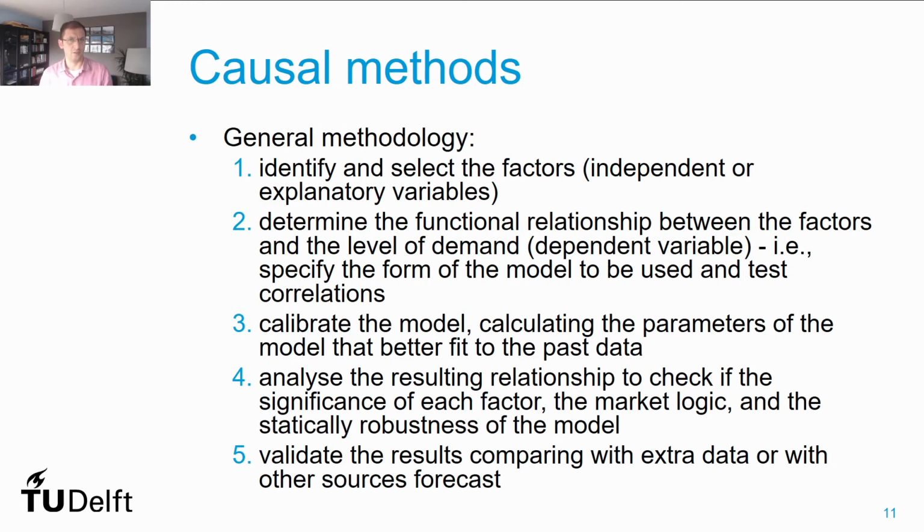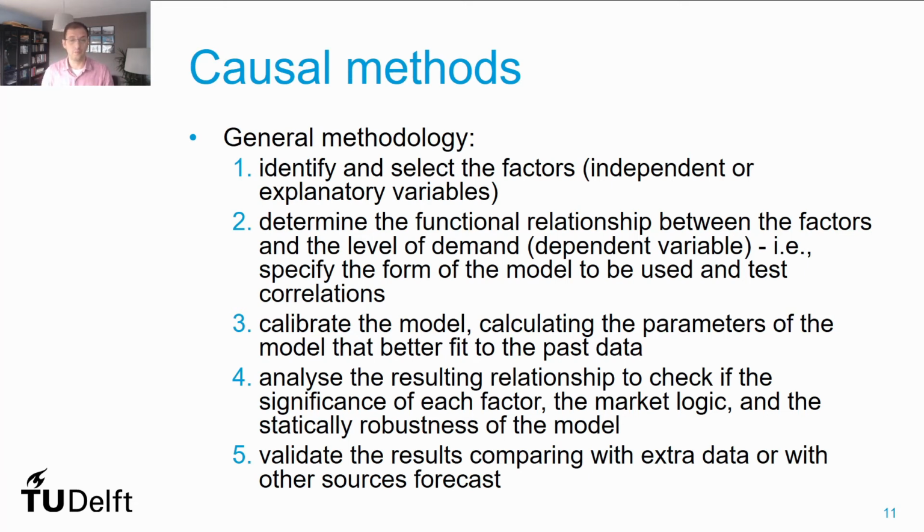Like, for instance, if GDP has a negative sign related to demand, it sounds strange, because we know that as GDP grows, we also should expect demand to grow. So if it's not logic, if it's not statistically significant, or the coefficients that we are determining for a specific factor, maybe we have to eliminate those factors or factor from our expression and recompute again and recalibrate it again.